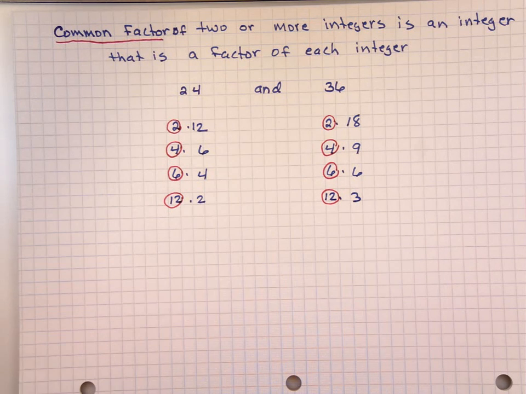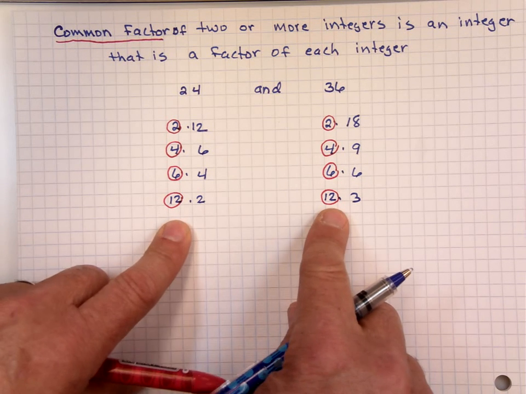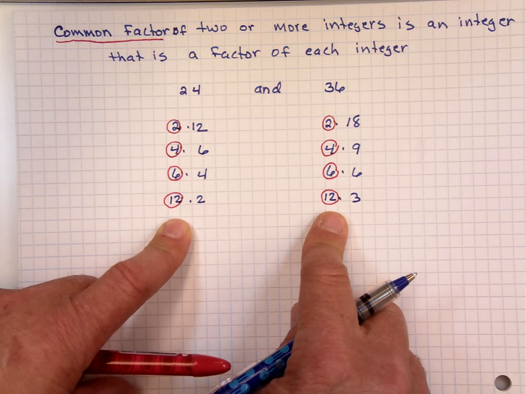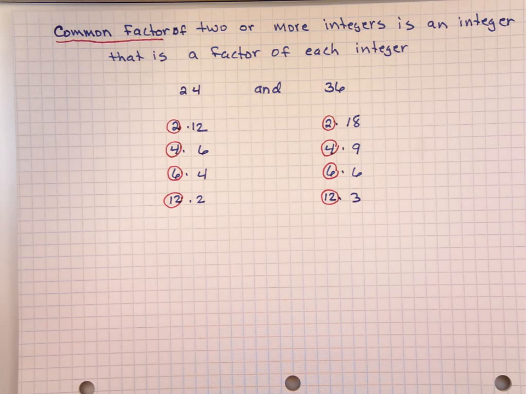So notice there's a lot of answers, but when you look at it, 12 is the largest common factor. We can't find a bigger number that's common to both of these than the 12. And that will take us to the topic, the greatest common factor. So my 12 here is the greatest common factor.